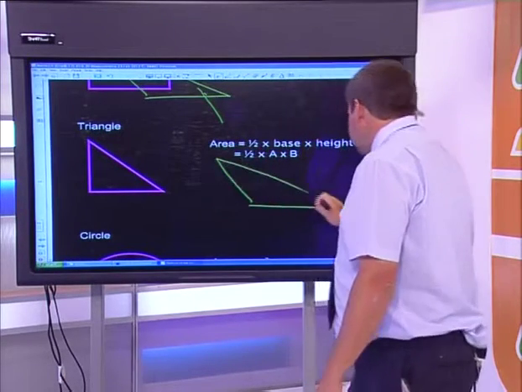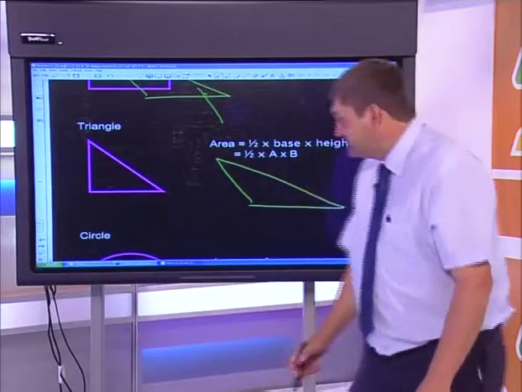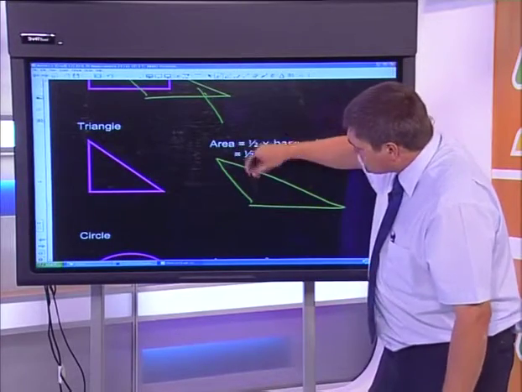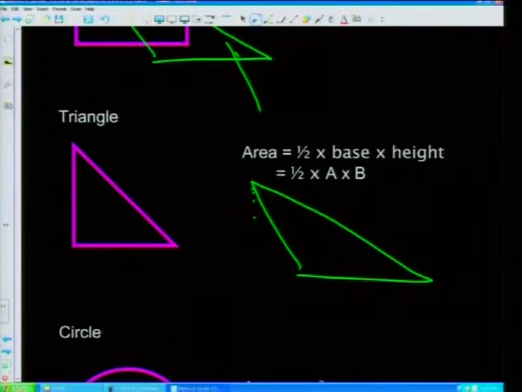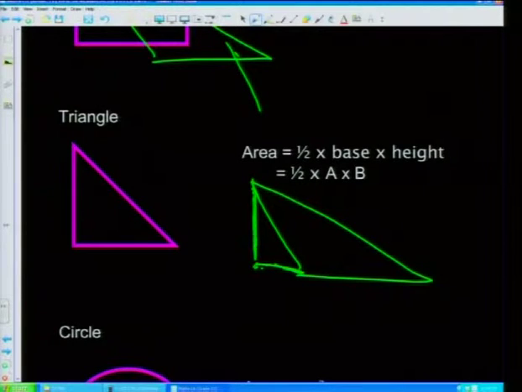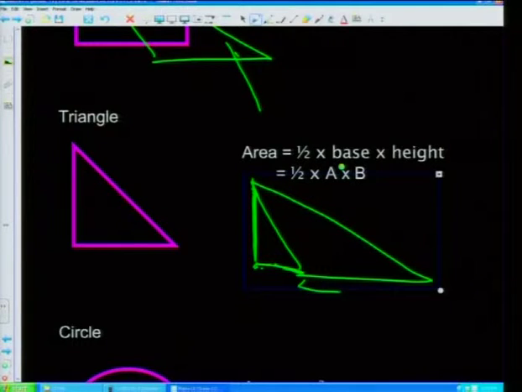So we've got a new triangle. This is not the height of my triangle. My height of my triangle is this guy here. Okay, that's the height of my triangle. That would still be my base, but this is the height of that triangle.